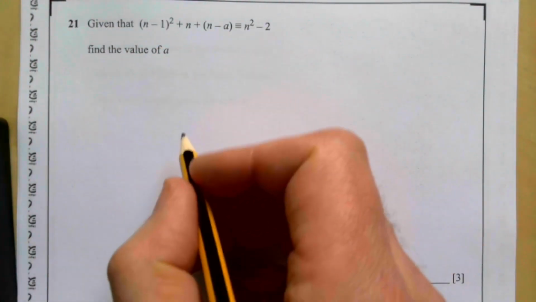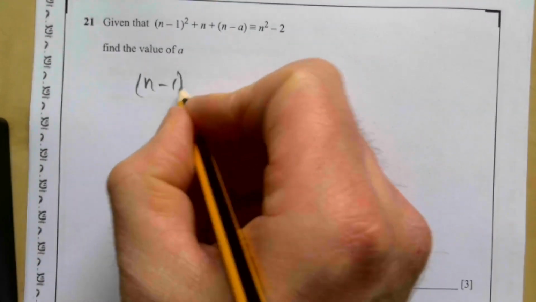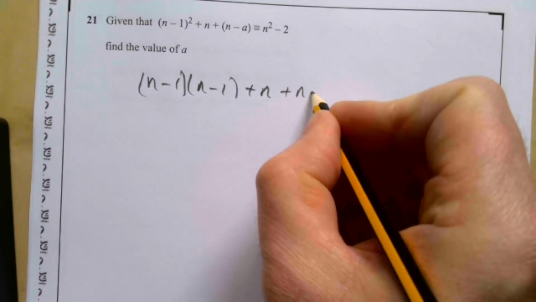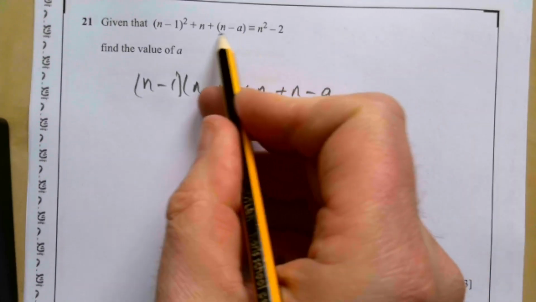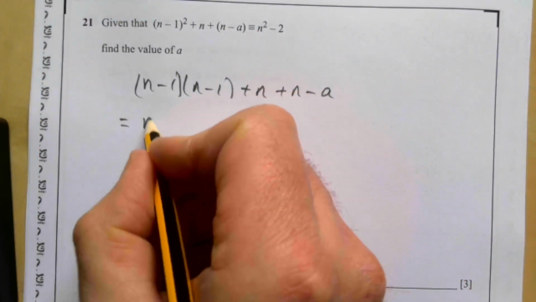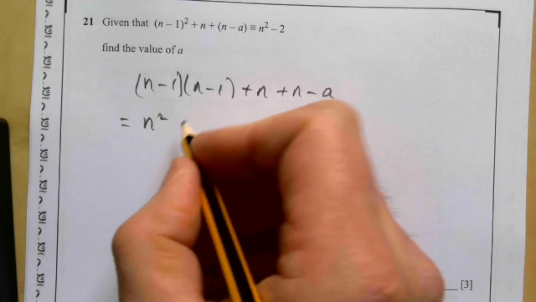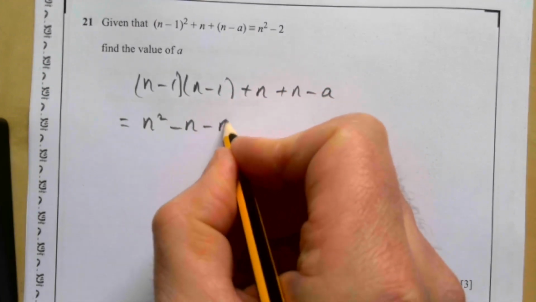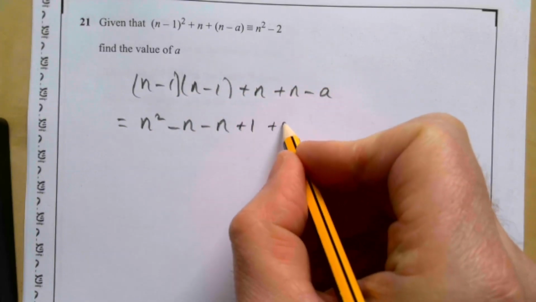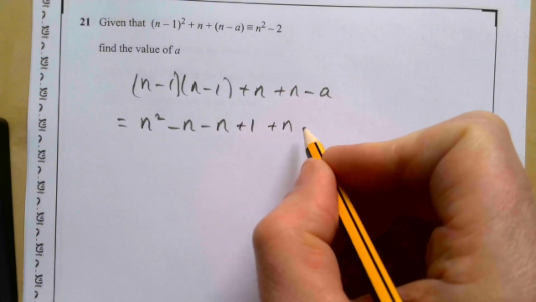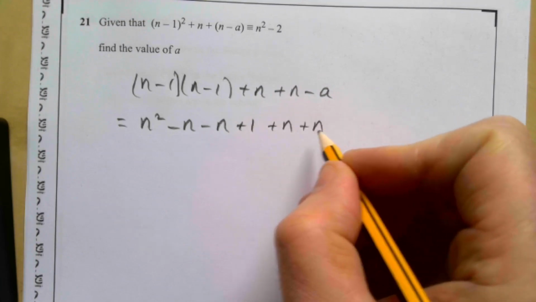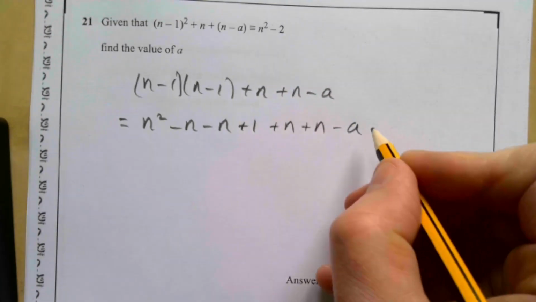So I'm taking the left hand side here, so that's n minus 1 upon n minus 1 plus n minus a. The bracket there isn't really required. Here we need to do our FOIL, so n squared, take away n, and then plus 1 plus n minus a.